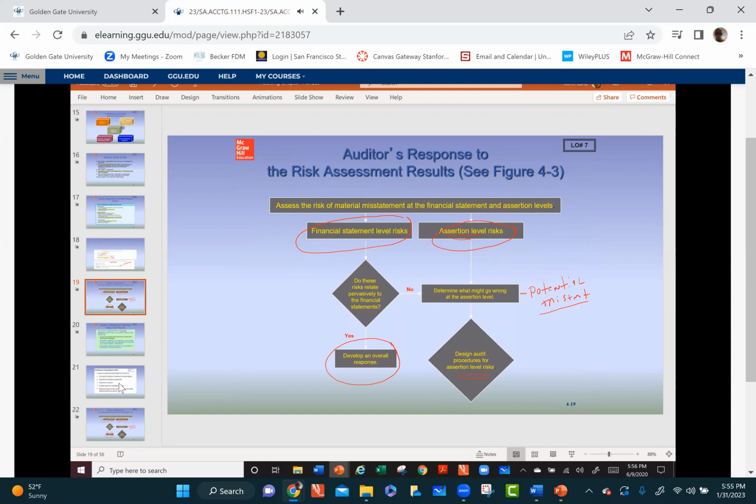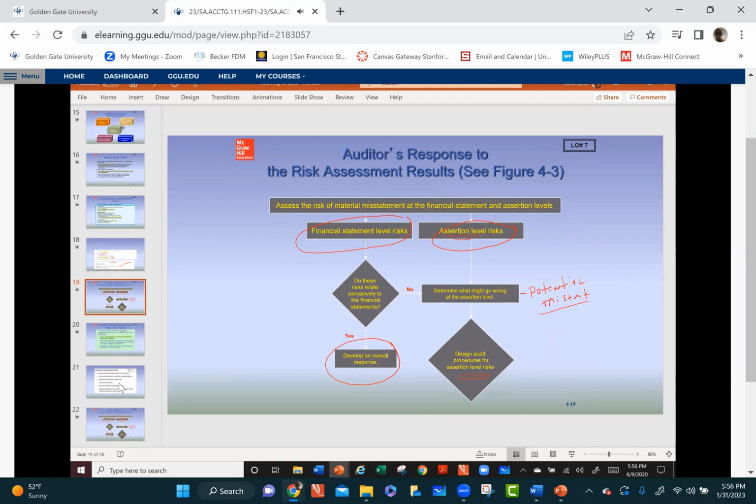We kind of started this last time, but let's jump into our risk assessment. When we make our assessment, again, we are assessing the risk of material misstatement. We assess it at two levels, and we have two levels of response to that.